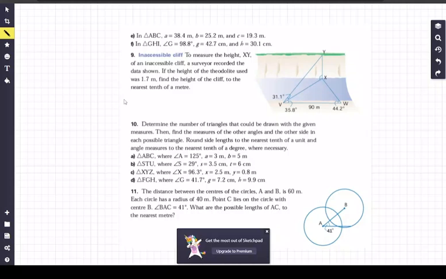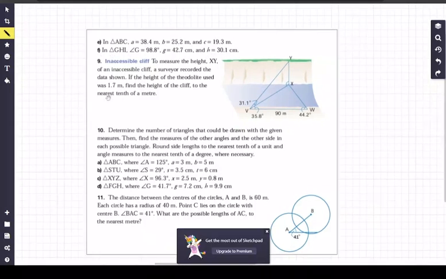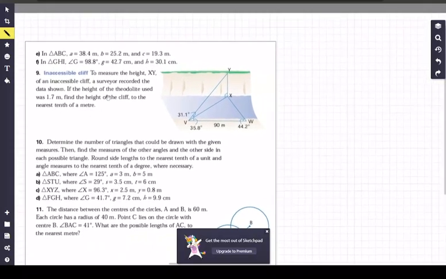It was used a while back; now they use satellites. So we just technically ignore the height that they gave us. Let's just solve the triangle.